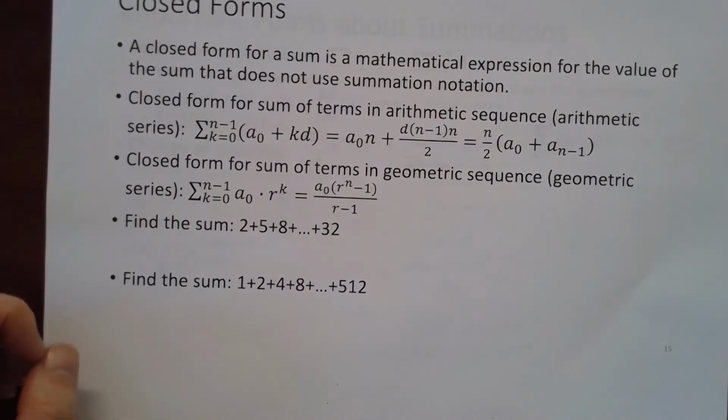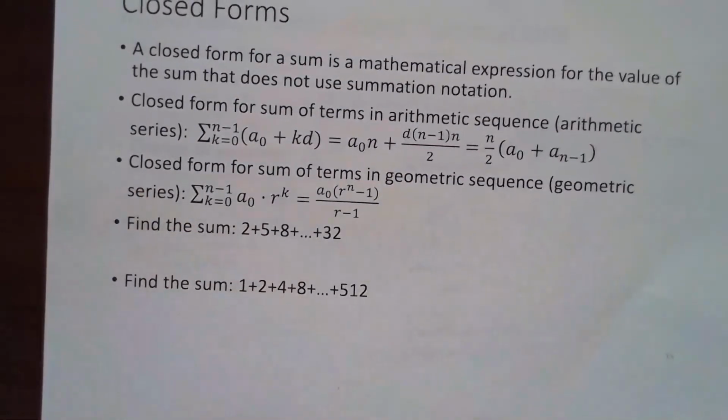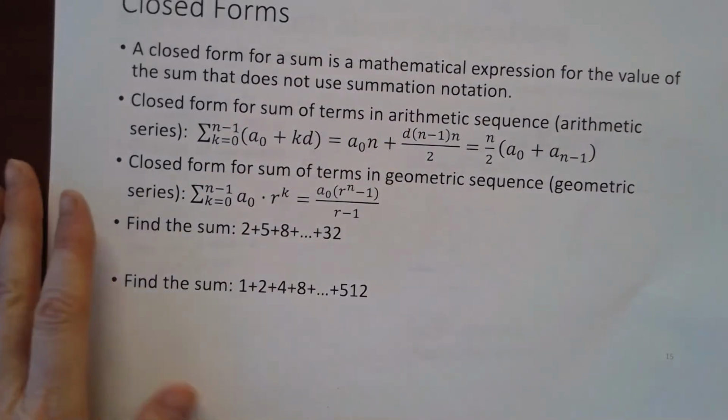An arithmetic series is what you get when you add up all terms in an arithmetic sequence. Also, a geometric series is the sum of terms in a geometric sequence. And these have nice closed forms. Perhaps you've encountered them before.